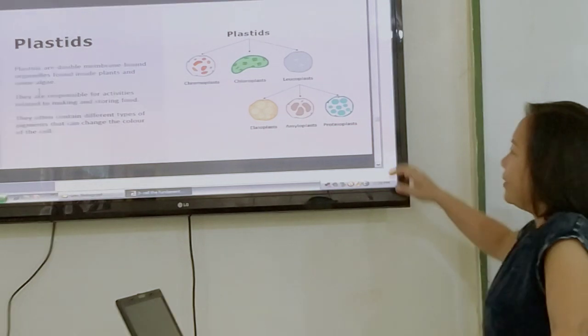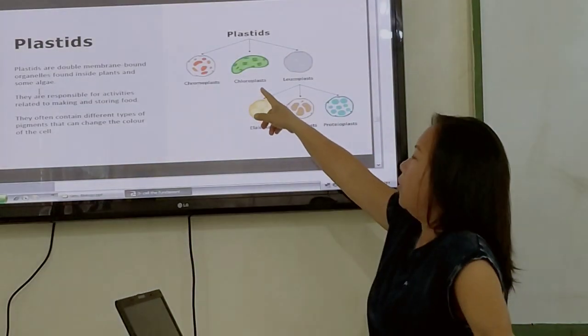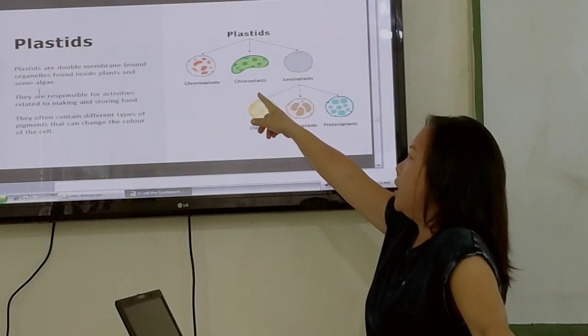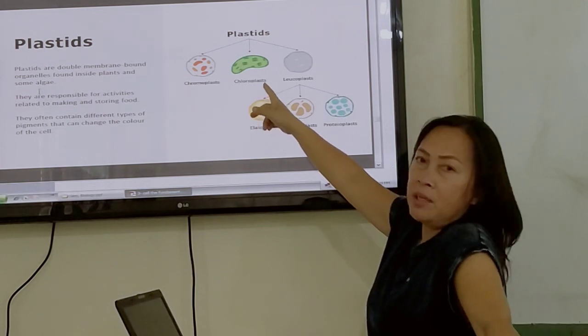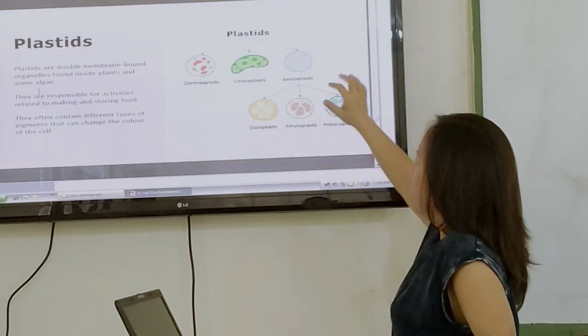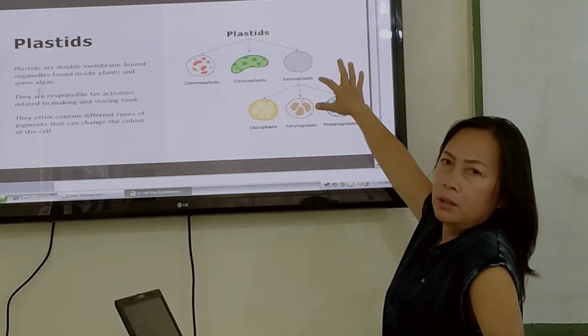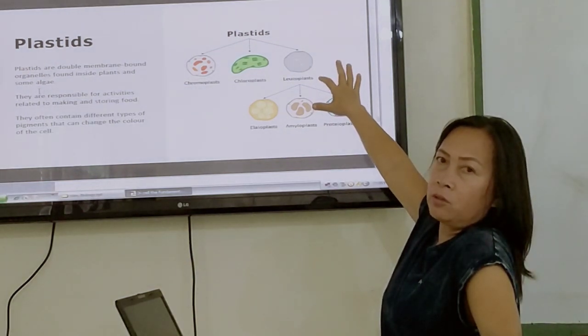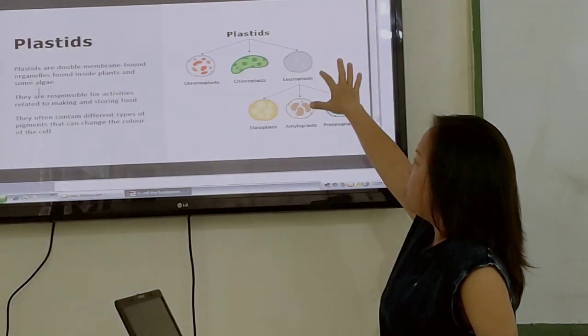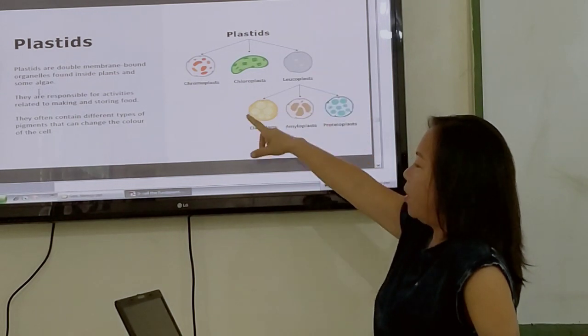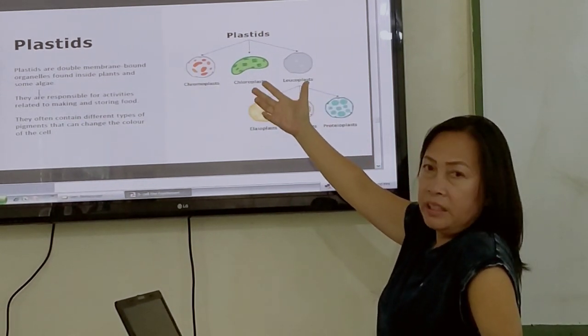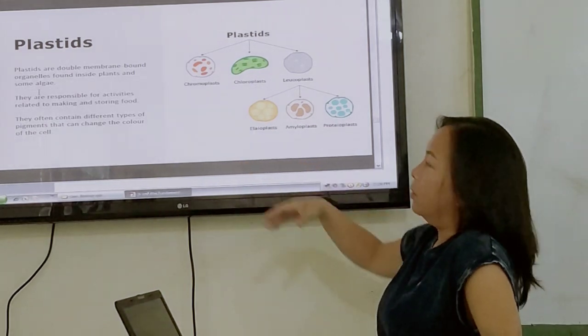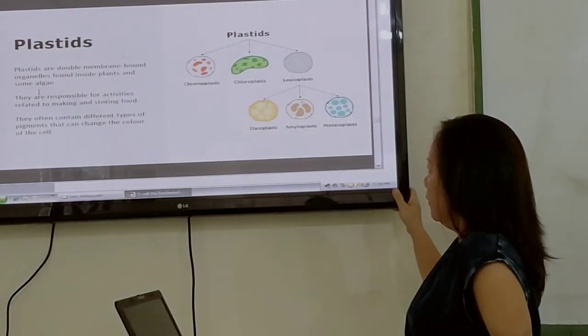The chloroplast contains the green pigment called chlorophyll. Leucoplast doesn't have any pigment at all, so it is white. The chromoplast contains the red or the orange pigments.